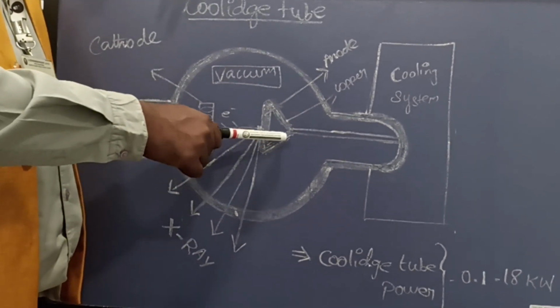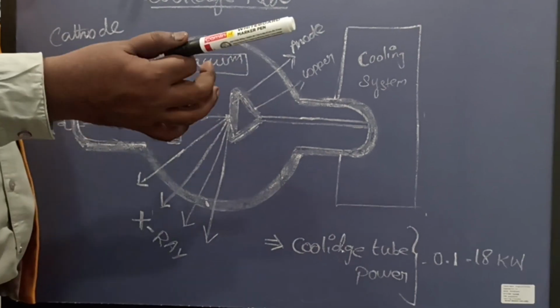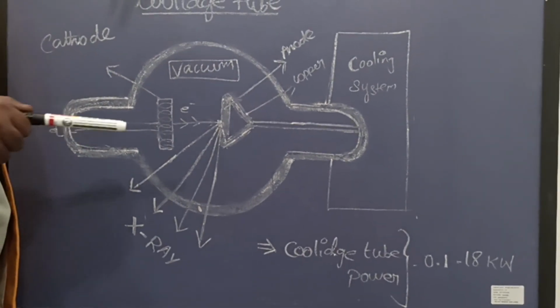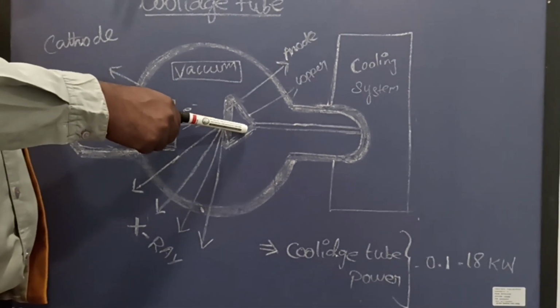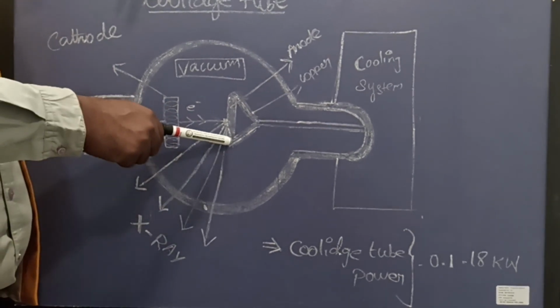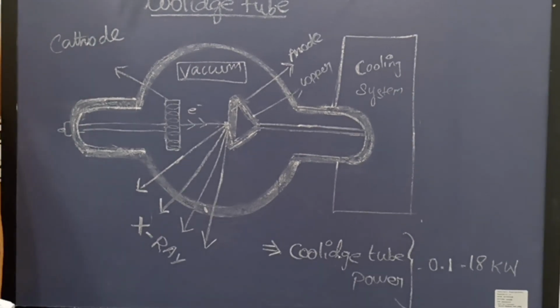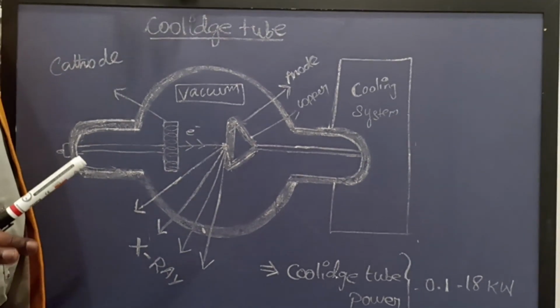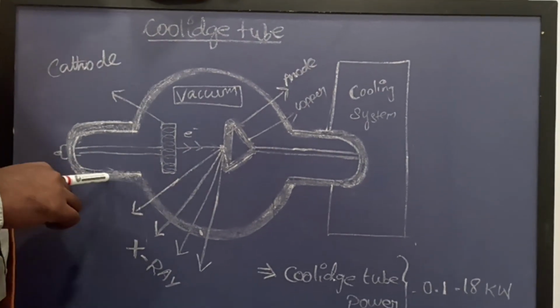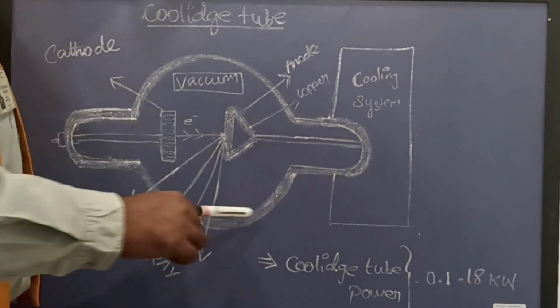Because of this boiling point and melting point, the anode can accept the electrons. Once a collision takes place, the electrons are reflected as a radiation called X-ray. This is the point we need to mention.